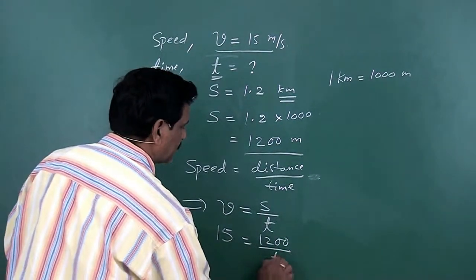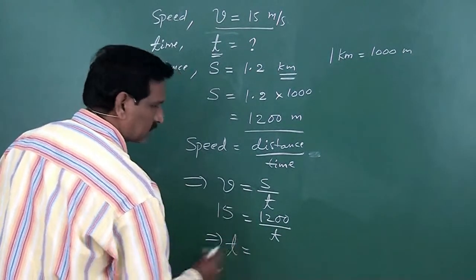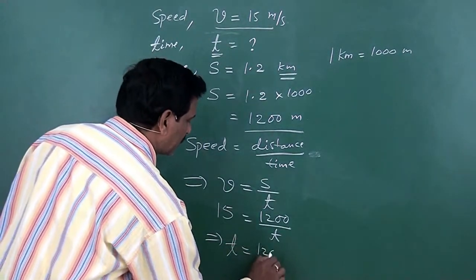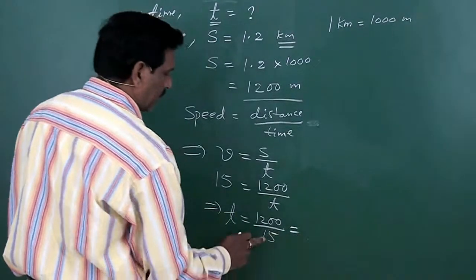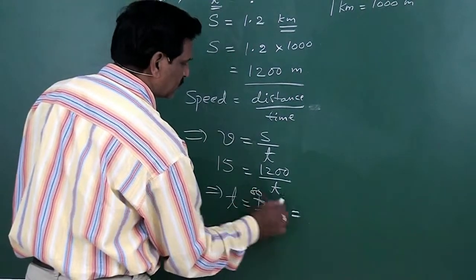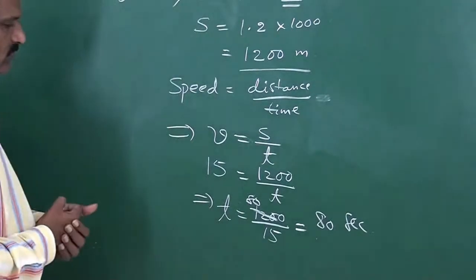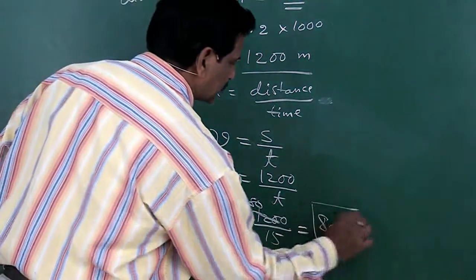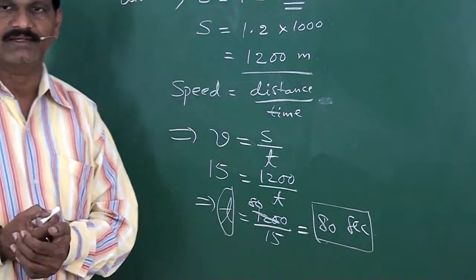So 15 is equal to 1200 by T. Therefore T, the time taken, is 1200 divided by 15. 15 times 8 is 120, then 0, so 80. So time taken is 80 seconds.